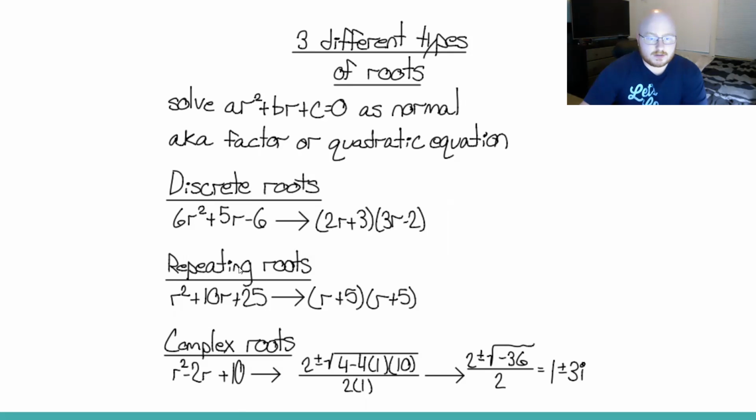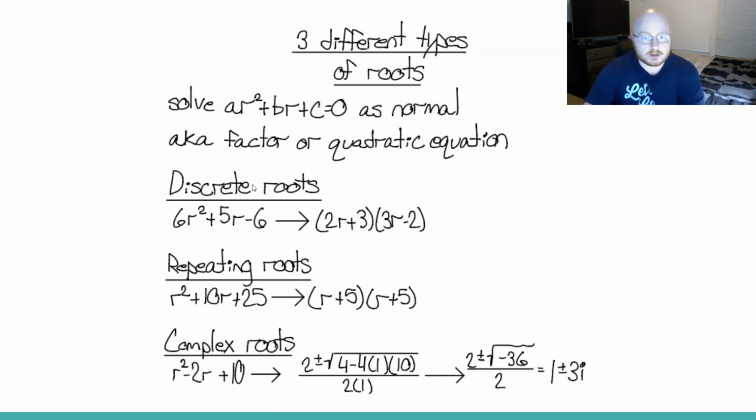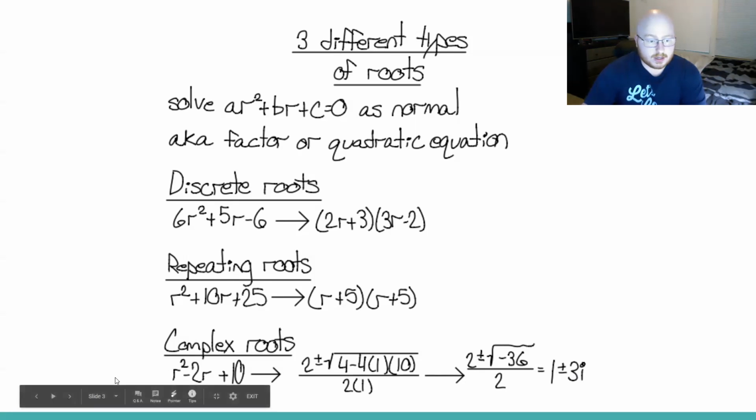Next we have repeating roots, in which case r is equal to -5 when you factor this both times. And then we have complex roots, which involve imaginary numbers, because you can't take the square root of a negative number without having i in it. For each one of these we have different methods to solve the second order differential equation, and we're going to go over how to do each one.